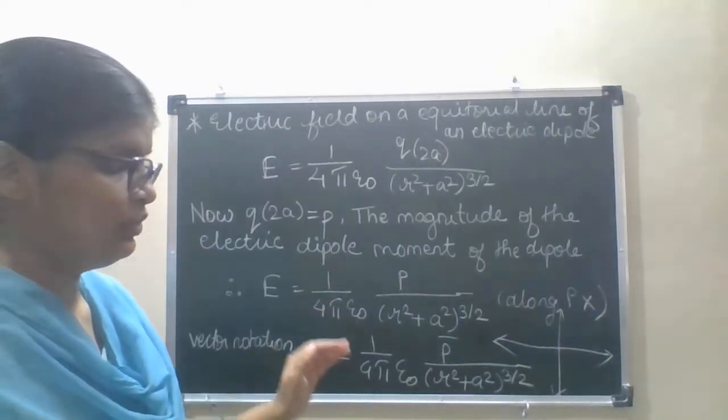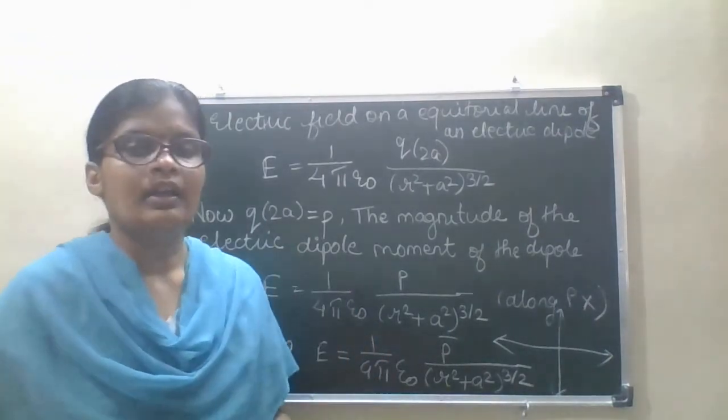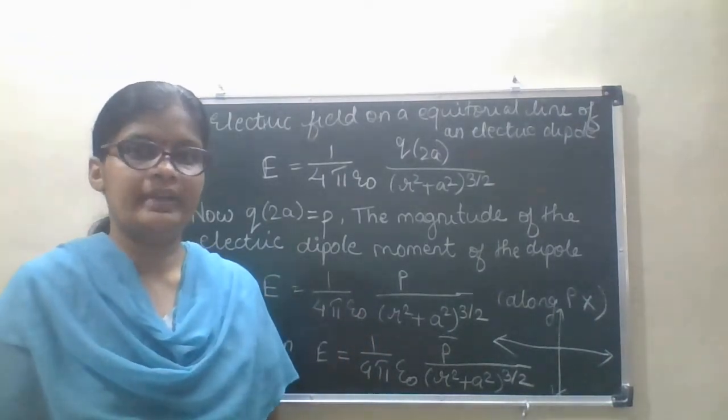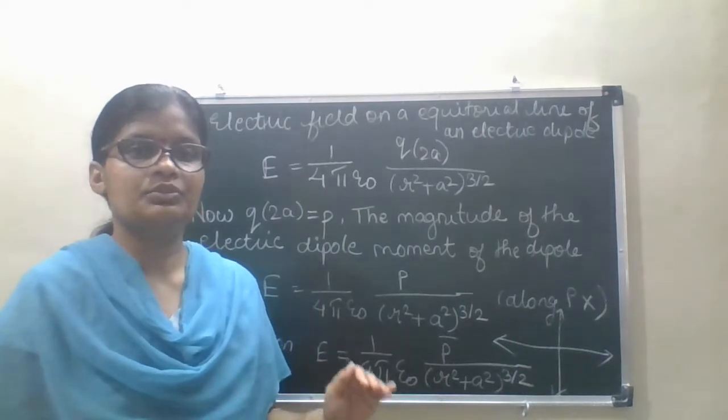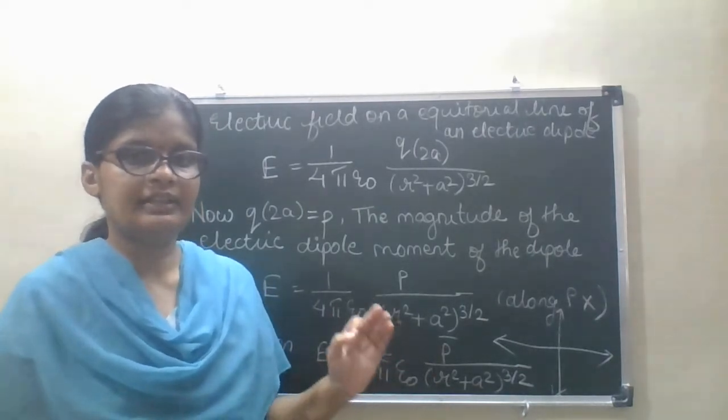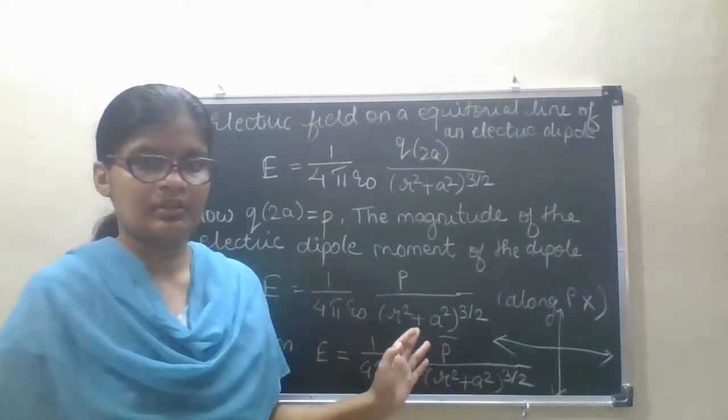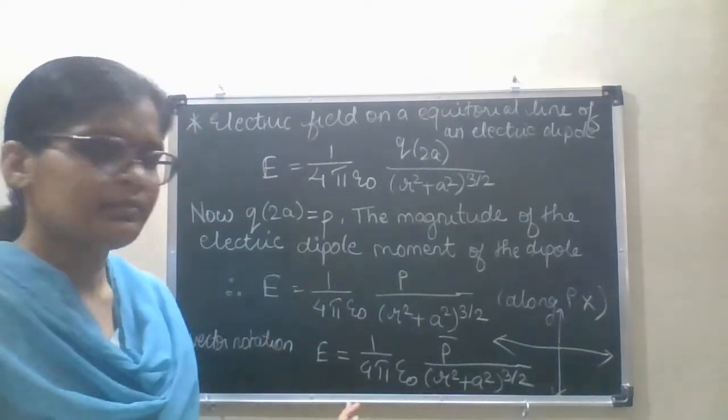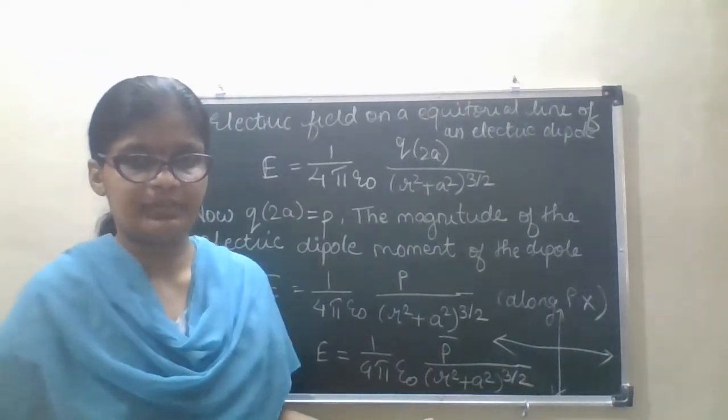So this is the slight difference between the electric field of a dipole along the axial line and the electric field of a dipole on the equatorial line. The slight and the basic difference is this, and the rest of the things are the same. There is no difference in that.